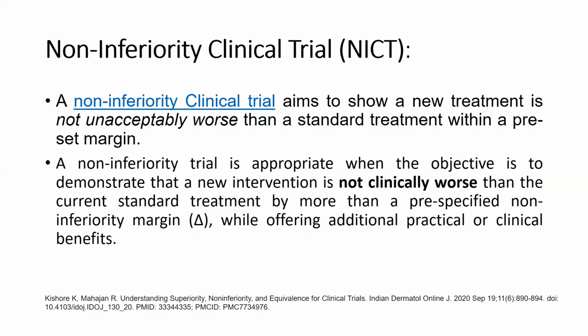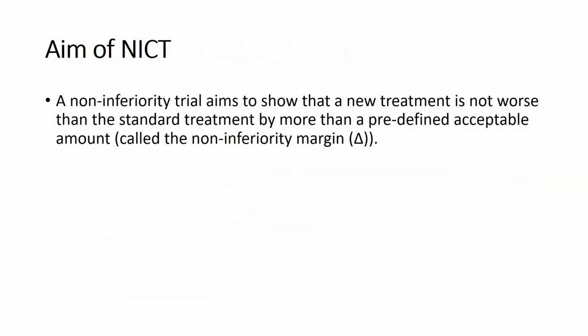Same as in non-inferiority clinical trial, we have to predefine non-inferiority margin, while offering additional practical or clinical benefit. We will discuss this again and again. To show that a new treatment is not worse than the standard treatment by more than a predefined acceptable margin, this is called non-inferiority margin.